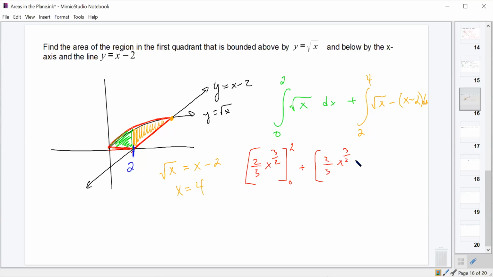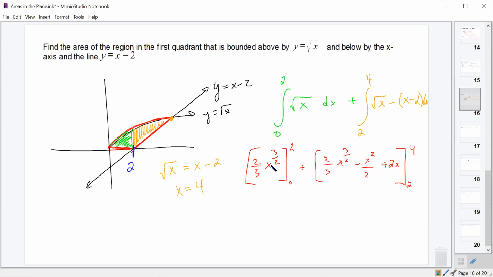And then minus x will be minus x squared over 2, and minus -2 is plus 2, so that will become plus 2x. And we'll have to do that from 2 to 4. Good or no? Good. Okay. Spectacular. Now it's just a matter of some unpleasant arithmetic.